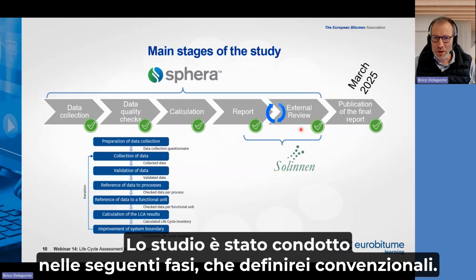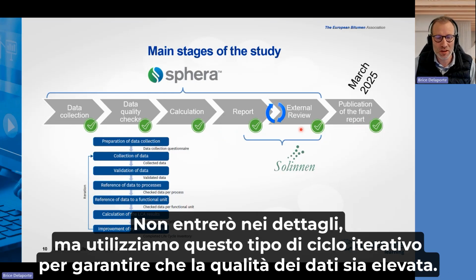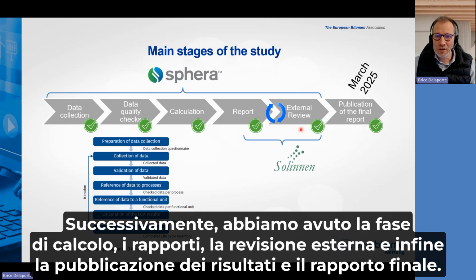The study was conducted according to the following stages, in the conventional way. First, data collection and data quality checks. I won't go into the detail, but we use this kind of iteration loop to make sure that the quality of the data was high. Then we had the calculation stage, the reports, the external review, and finally the publication of the results and of the final report.